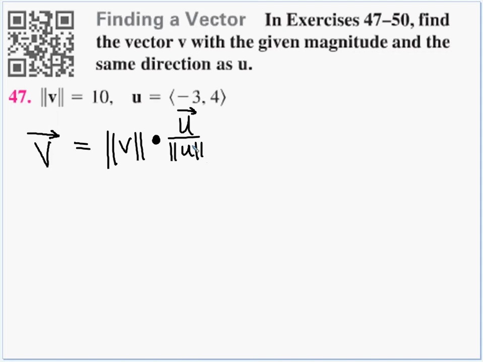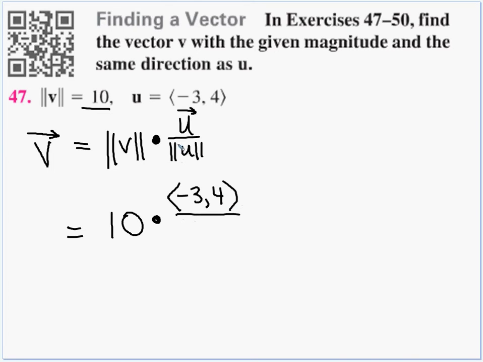So let's put in the info they gave us. Well, this magnitude of v, that's 10, times vector u, well, that's just the one here in the brackets, the negative 3 comma 4.